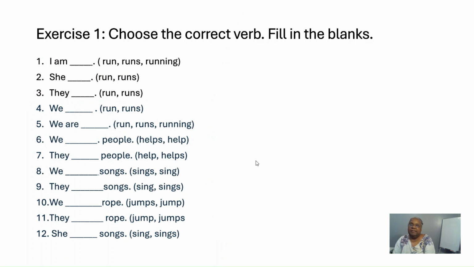Now, let us test our understanding of the lesson by doing exercises 1 to 5. Exercise 1. Choose the correct verb, fill in the blanks. We have the verb run, runs, running.